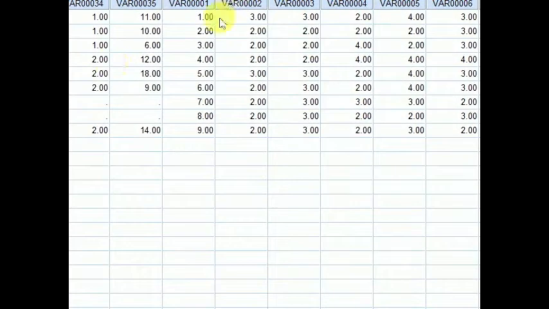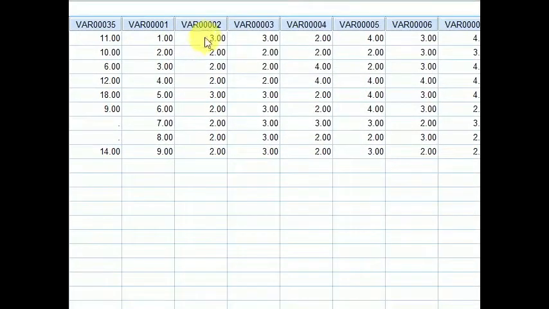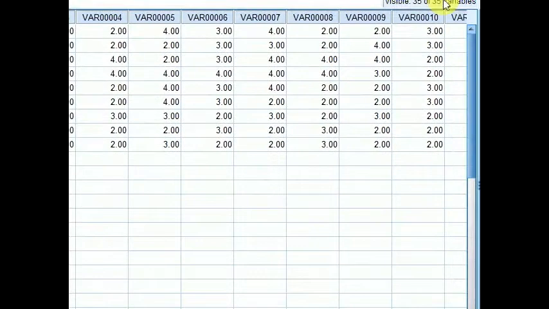So I have to get a total of the perception, so from variable 2 to variable, I don't know, 16 or something, and then the rest for the other one. And then after that, you have your relationship or correlation.